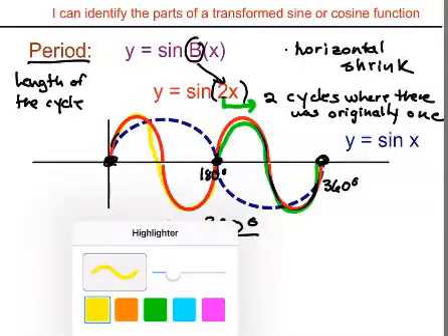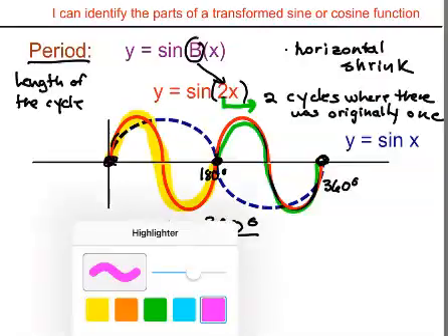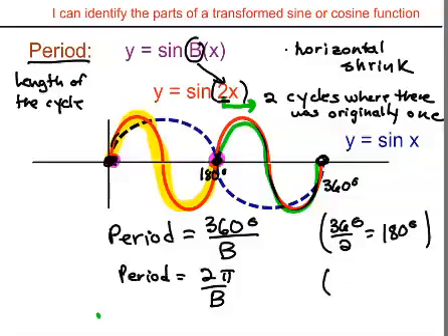Well, it started at 0 and it ended at 180. So again, we could have found the period. Since there's a 2 in front here, we could have gone 360 divided by 2 to get a cycle of 180. So one cycle ended up to be 180 degrees. We also could have done 2 pi over 2, which is a period of pi.